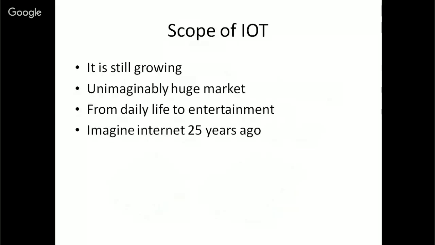Your Internet of Things can solve your daily life problems to your entertainment problems. Daily life problems, like if you are outside of your home and you want to control your device, or you want to know what's going on.